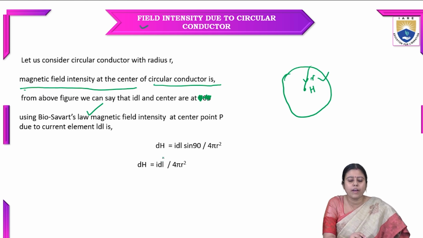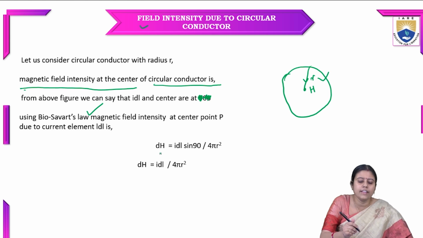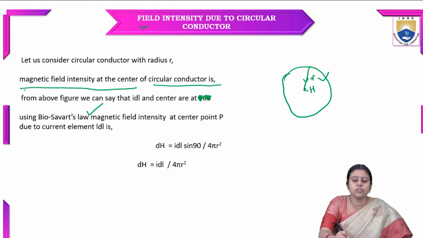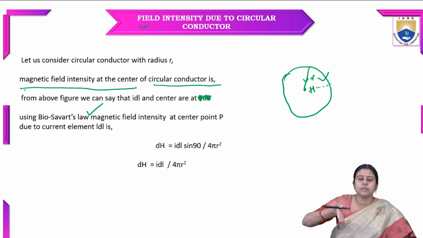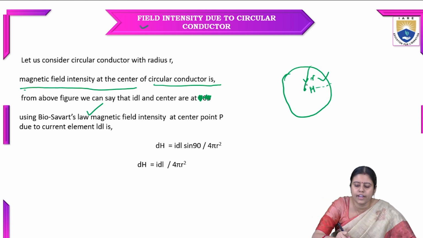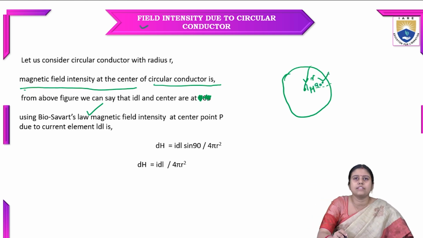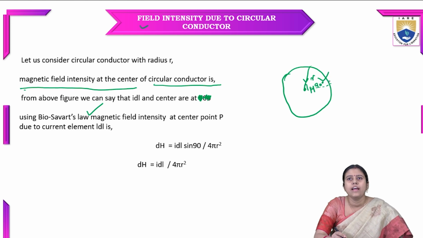According to the Biot-Savart's law, we know that the line element always creates a 90-degree angle with the radius. So we can write dH.